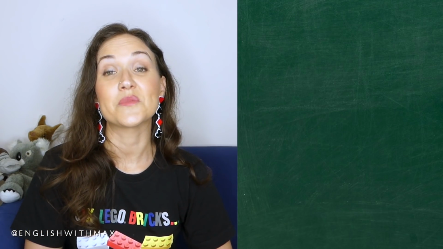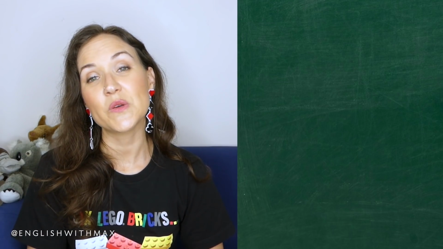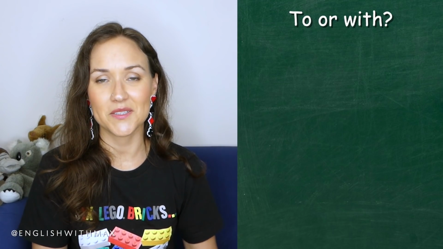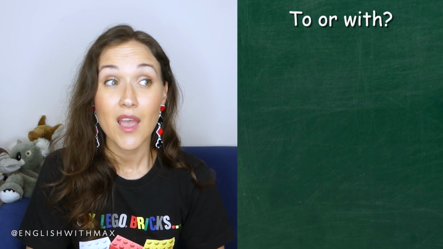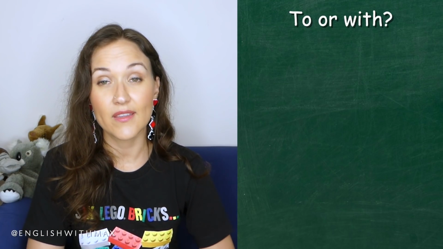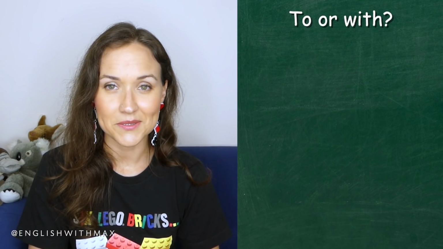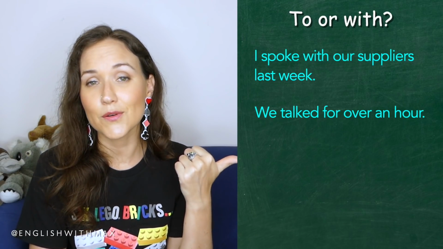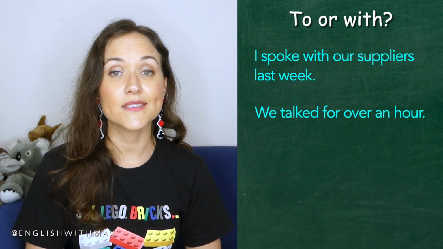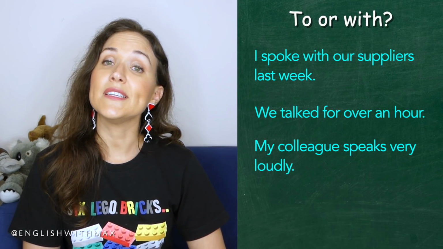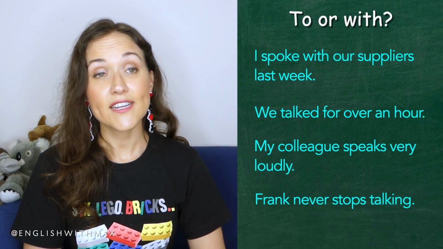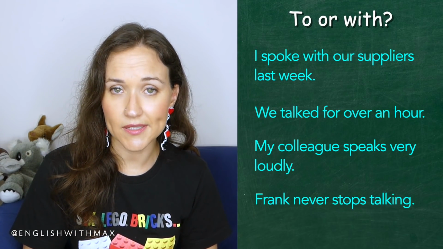Another thing that sometimes confuses people is whether we should use to or with after speak or talk. Obviously, you don't need to use to or with. It will depend on the sentence. In these sentences, for example, it's not necessary. There are also sentences like, my colleague speaks very loudly. Or, Frank never stops talking.